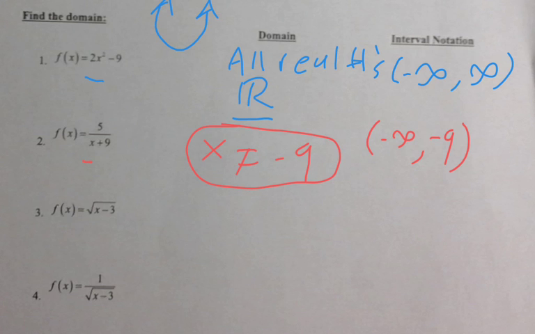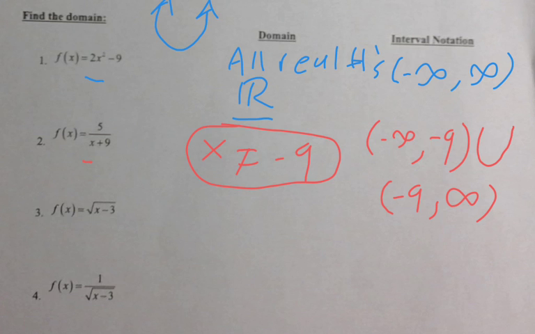Now here's a funny symbol that is very, very important. It looks like a giant U. This is called union. What union means is the domain is also contained in parentheses negative 9 to infinity.